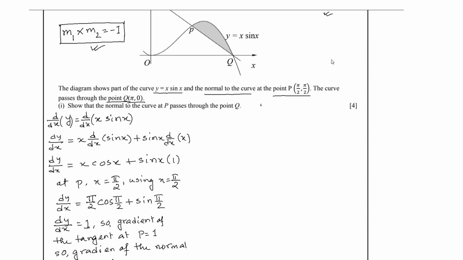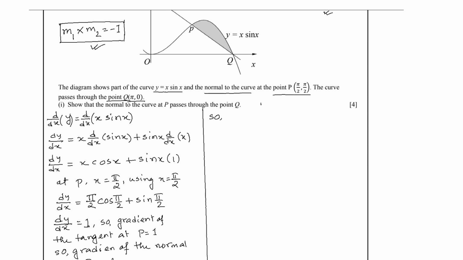Now, let's try to find the equation of the normal. Let's think about a rule. If we know that a line passes through a point (x1, y1) and has a gradient m, then the equation of that line can be written as y minus y1 equals m times (x minus x1). So, using this rule, we can find the equation of the normal.